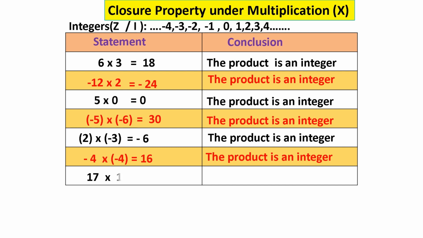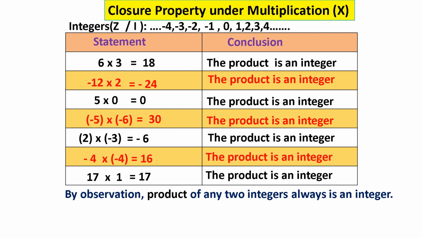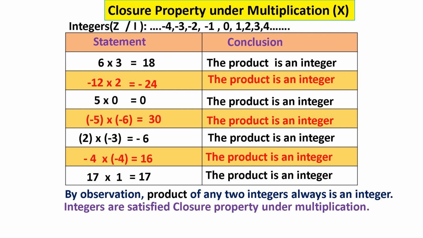So the product is also an integer. Now 17 into 1, we get 17, the product is also an integer. By observation, the product of any two integers is always an integer. Here, the integers satisfy the closure property under multiplication.